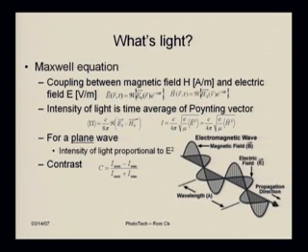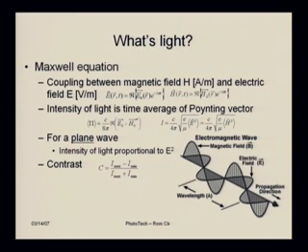Light is an electromagnetic wave made of a magnetic field, H, and an electric field, E. And in everything that we're going to do here, we need to have an understanding of what the intensity of light is.